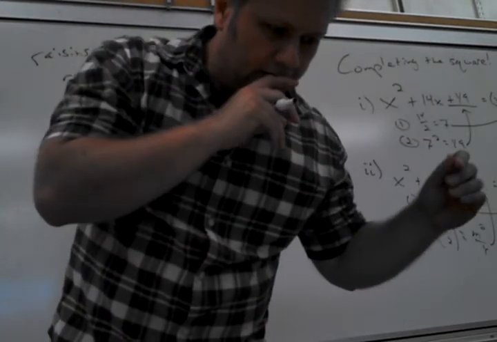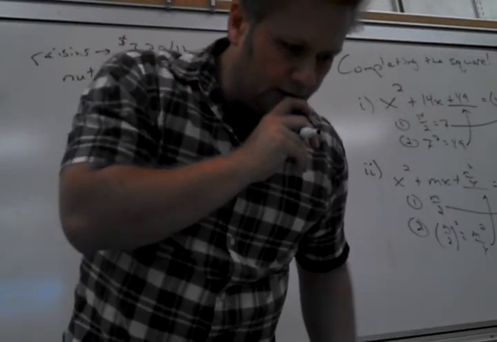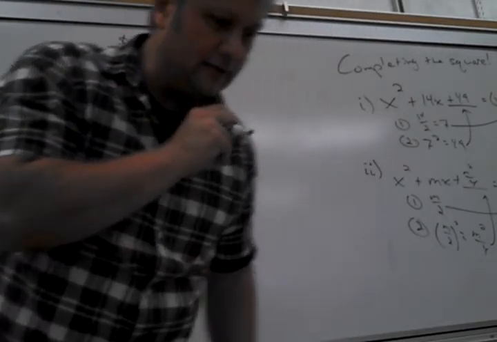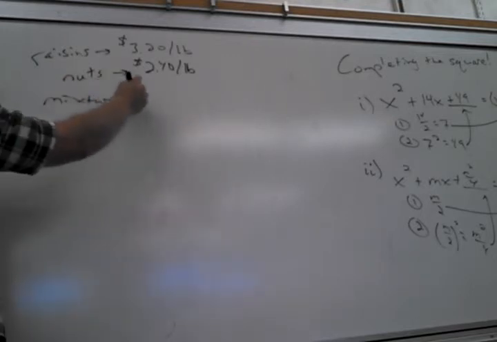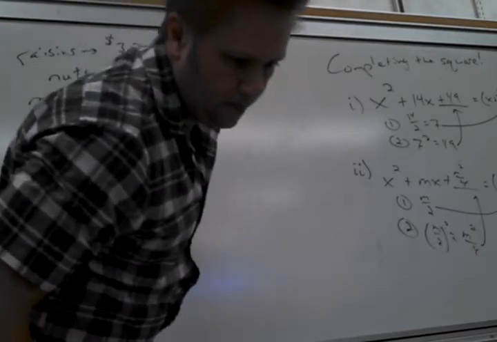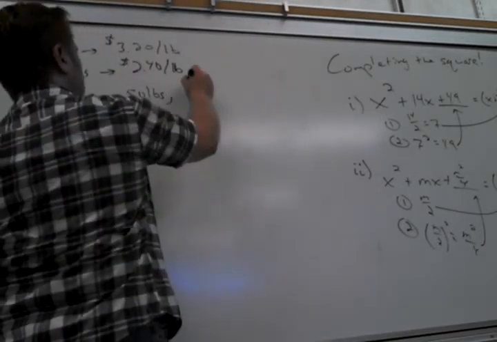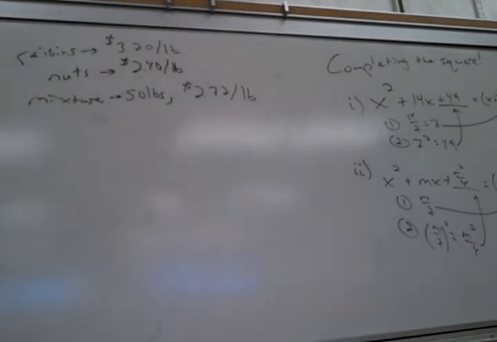And then they're in the back and they say, let's do something crazy. Let's put those things together. It's to mix the raisins and nuts and sell. So he's going to make a mixture, 50 pounds worth of a mixture, and they're going to sell it at $2.72 a pound. That was good until they threw that in there. They have to put that in there.